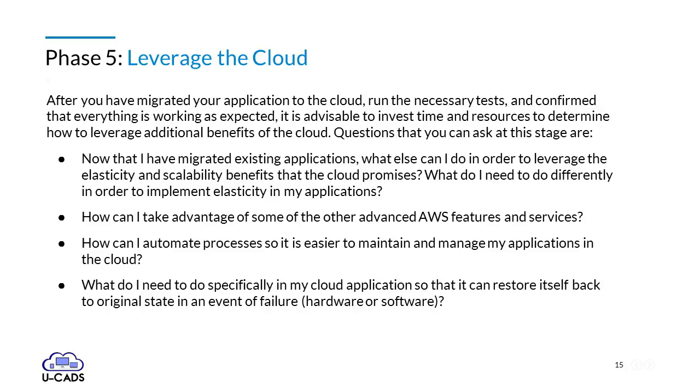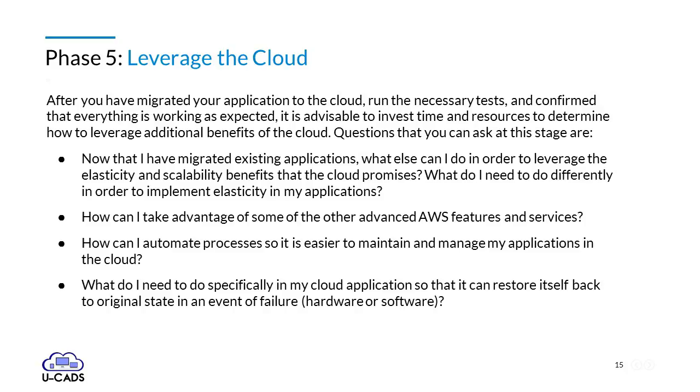Now that I have migrated existing applications, what else can I do in order to leverage the elasticity and scalability benefits that the cloud promises? What do I need to do differently in order to implement elasticity in my applications?